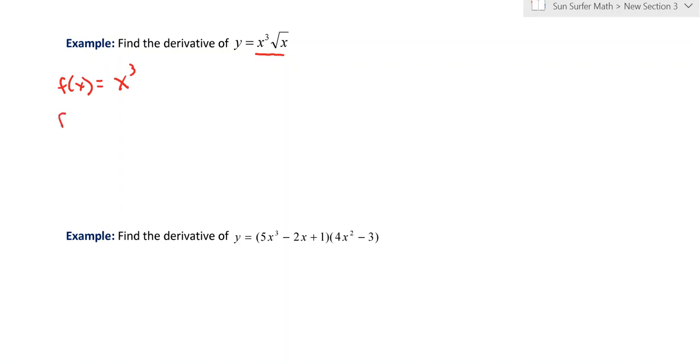And I'm going to take the derivative of that. So that would be 3x squared. And then my second function, g of x, is the square root of x, which I'm going to write as x to the 1/2 power. And the derivative of that is going to be 1/2 x to the negative 1/2.